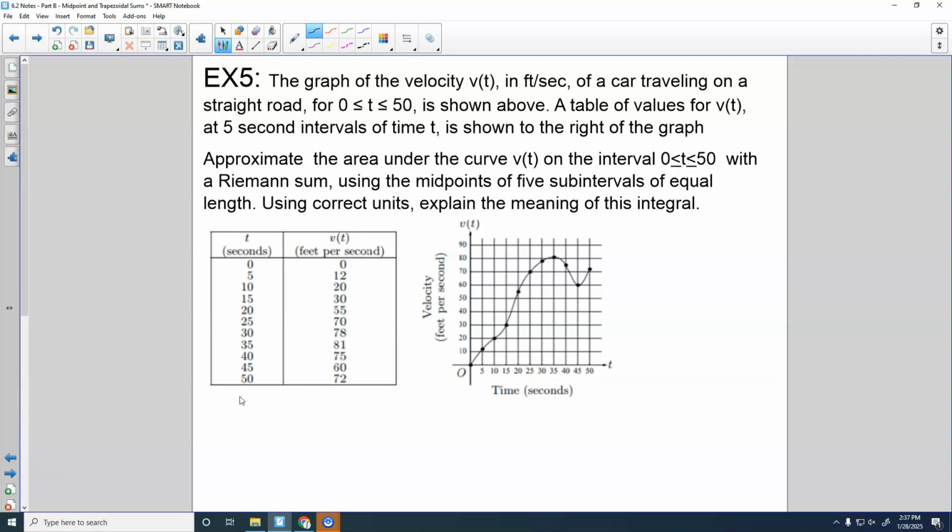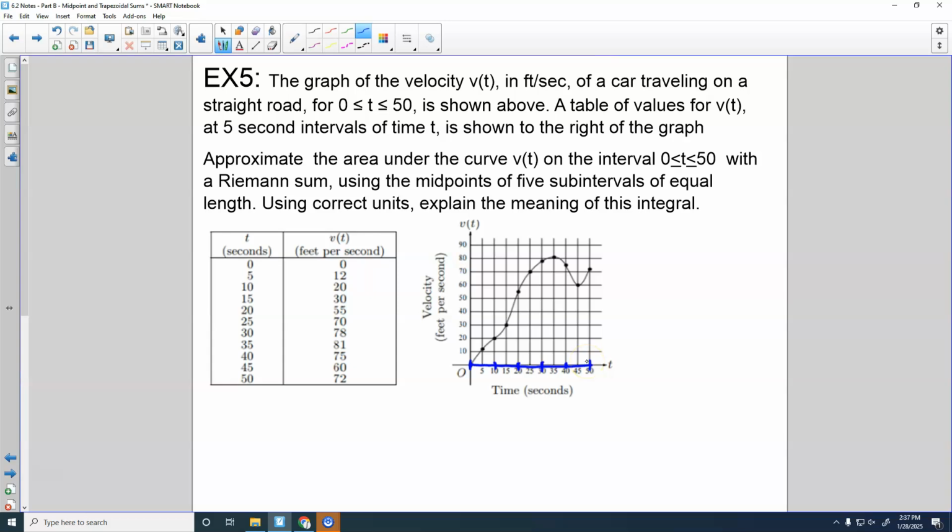A lot more than 5, right? It looks like there's probably 10 there. But if they're wanting us to split the distance from 0 to 50 into 5 subintervals, then what's the width of each subinterval? 10. So what we're doing is splitting here at 10, 20, 30, 40, and 50.